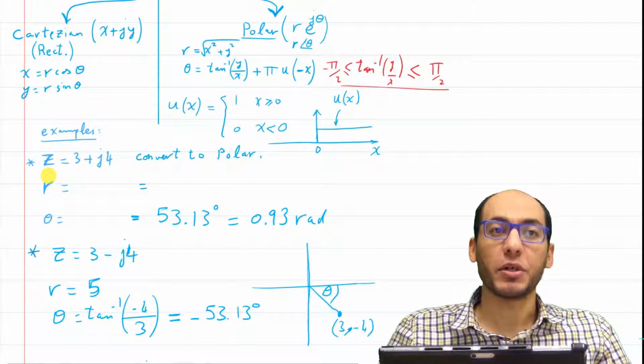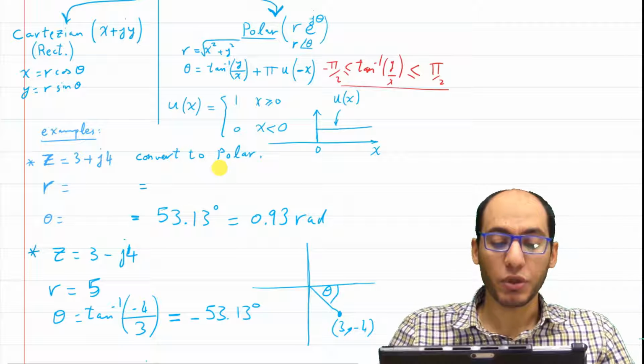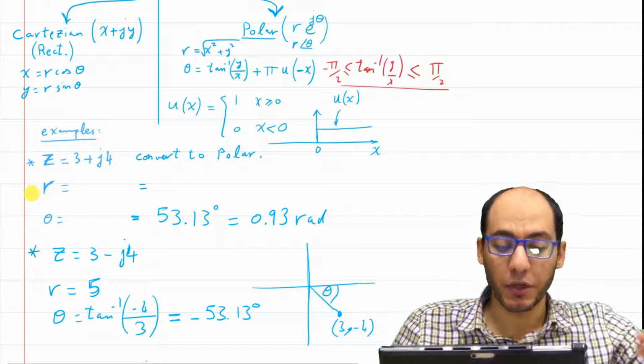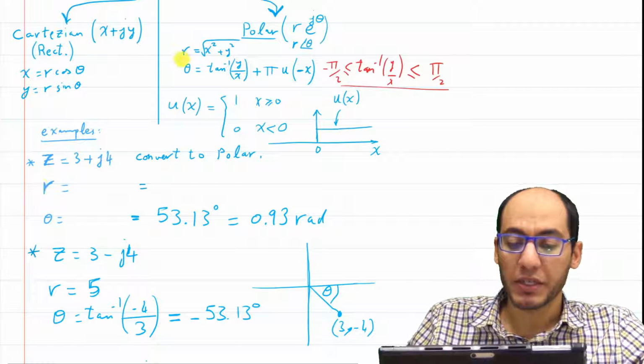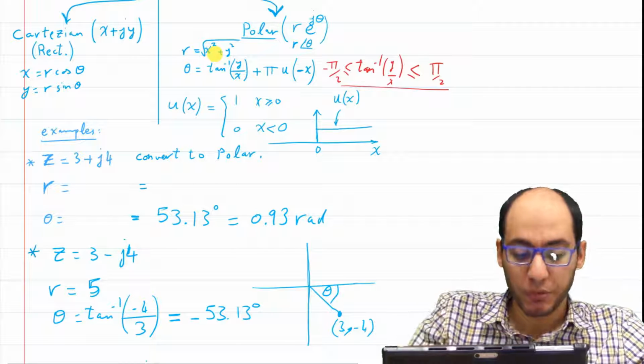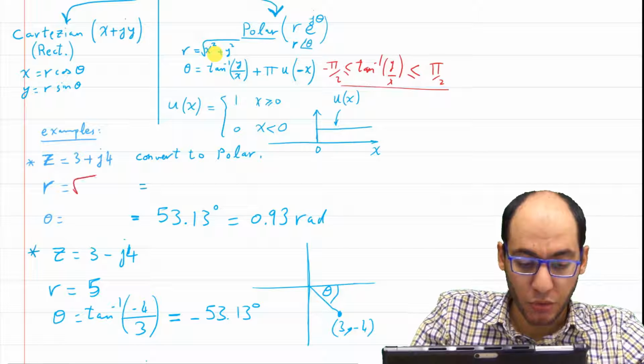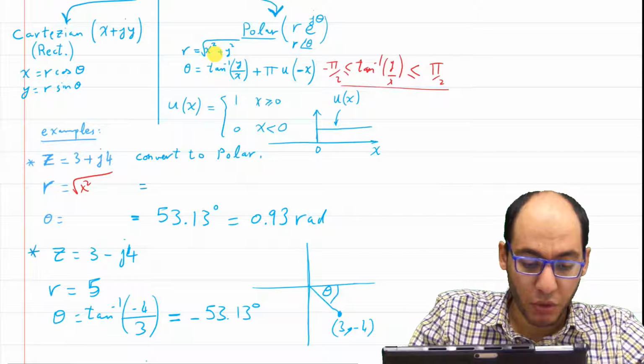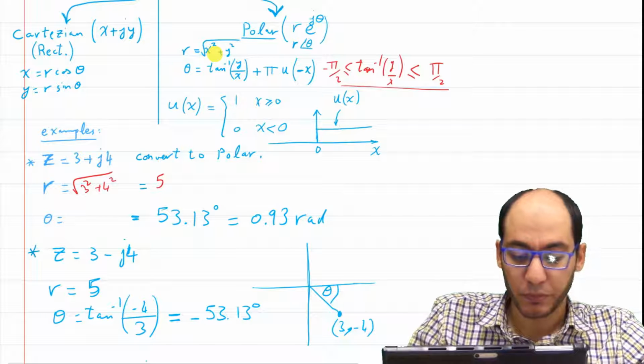We're given a complex number, 3 plus j4, and we want to convert it to polar form. So how do I do this conversion? I need to calculate the value of r, which is the square root of x squared plus y squared, which is equal to the square root of 3 squared plus 4 squared, which is equal to 5.